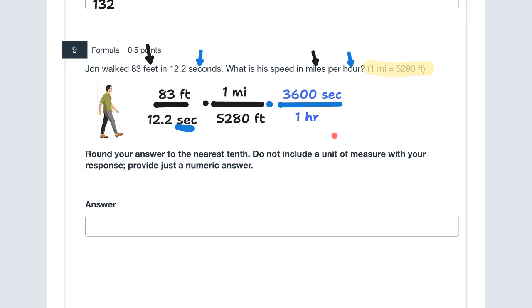So when I do my canceling here, the hours are going to go. Oh, no, hours don't go. They stay, the hours. I'm sorry. The seconds are going to go, and the feet are going to go. And that's going to leave me with miles in the top and hours in the bottom, which is miles per hour.